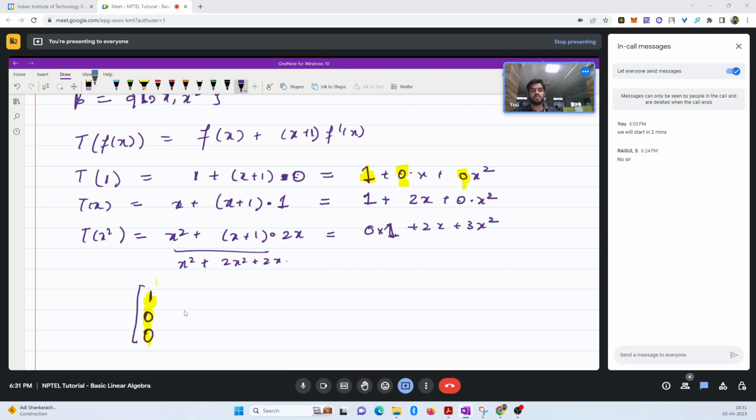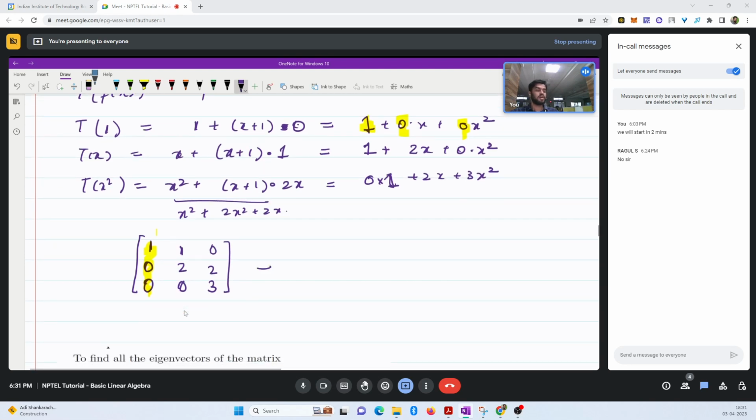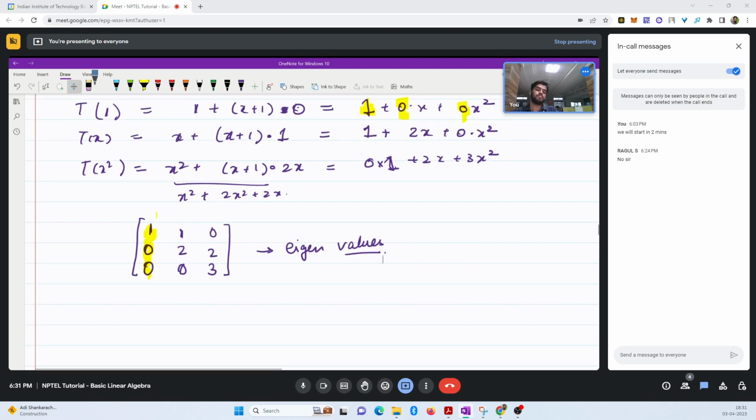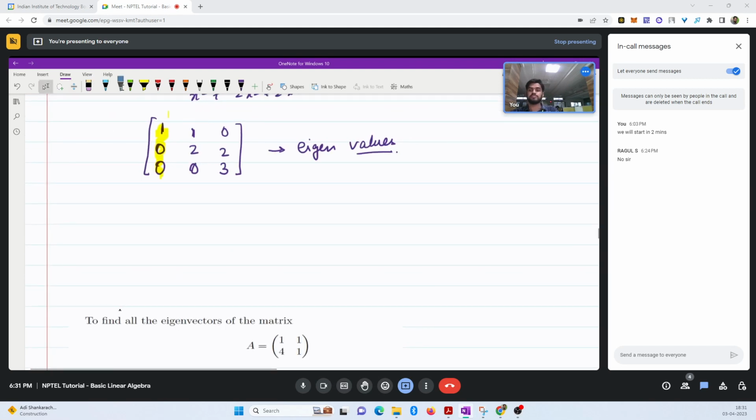Now the second column is 1, 2, 0, and the third one is 0, 2, 3. We have to find eigenvalues for this particular matrix. We already know how we have to do it, we just need to do it.